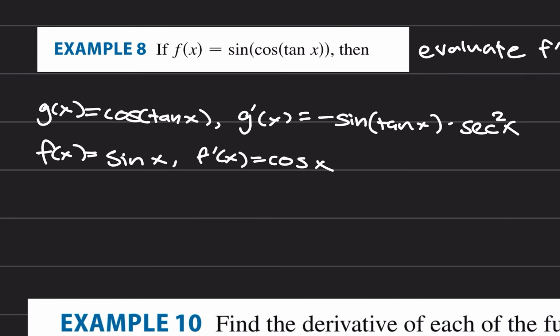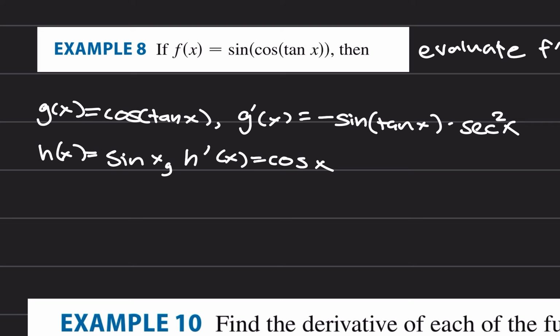Now, we can use our formula. Oh, and I'm also going to just replace this with h, so we don't get confused, since it is using f of x in our current example.